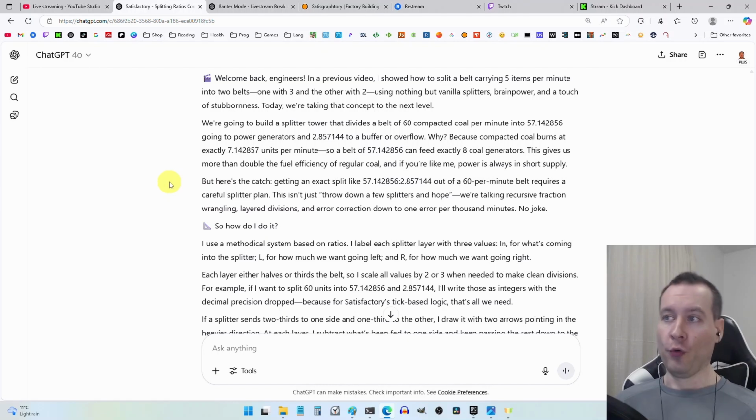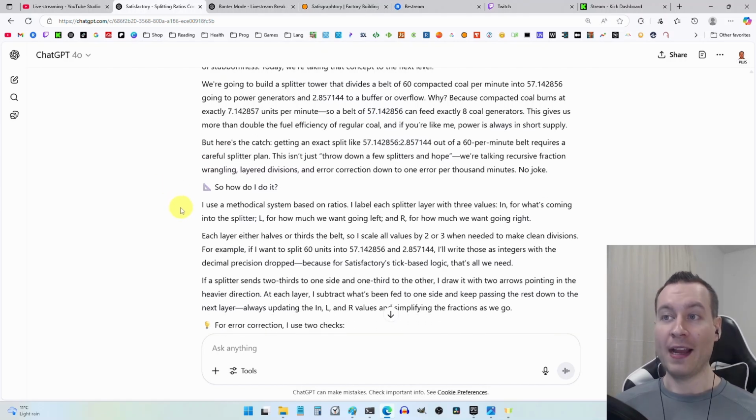This isn't just throw down a few splitters and hope. We're talking recursive fraction wrangling, layer divisions, and error correction down to 1 error per 1,000 minutes. No joke. So how do I do it?